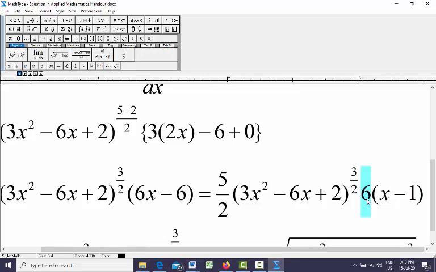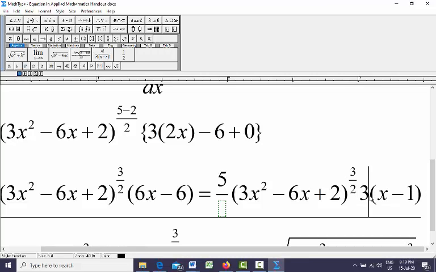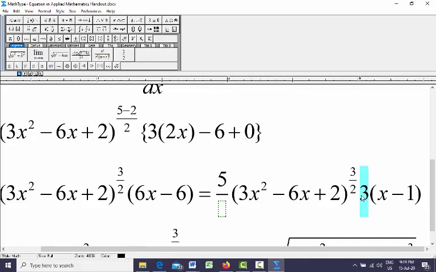So 6 can be divided by these 2. If you divide 6 by 2, we will have only 3. So this 3 multiplied by this 5, we will have 15.